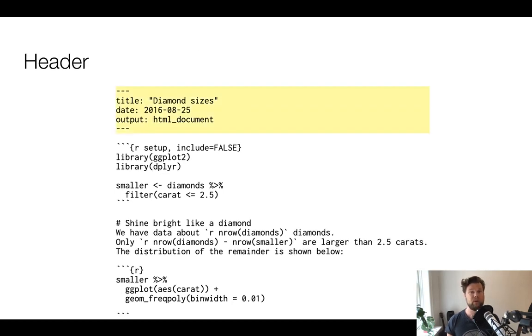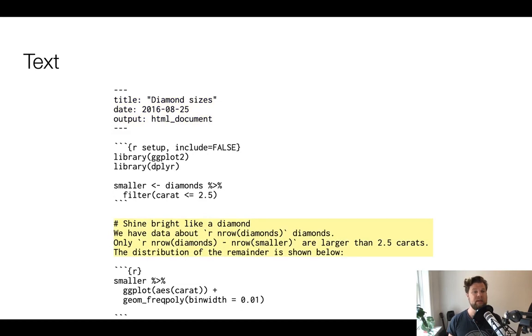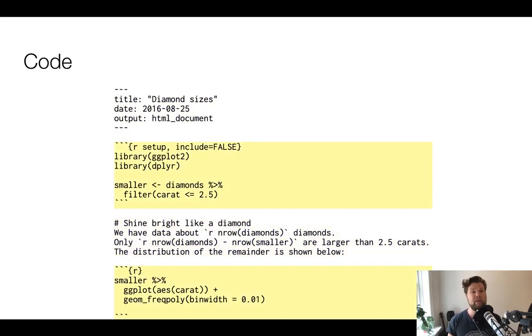And as we saw in the previous videos, it has 3 different components. There is a header with some information about, say, the title of our document. There is the text itself written with Markdown syntax. And then there are chunks of code, typically in R, but it could also be in other programming languages.